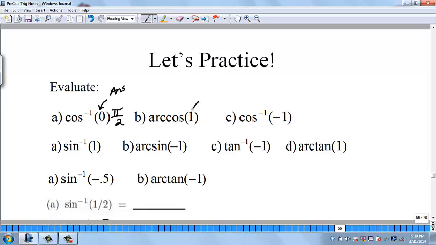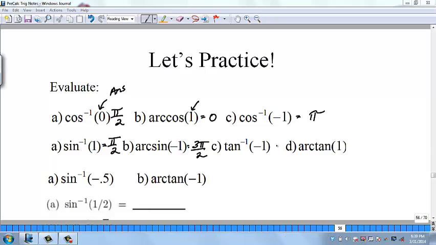So if I said, okay, what angle gives you a value of 1? I can say that equals 0. Inverse cosine of negative 1 is pi or 180 degrees. Inverse sine of 1 is pi over 2, or 90 degrees. Inverse sine of negative 1 is down here at 270 degrees, or 3 pi over 2.